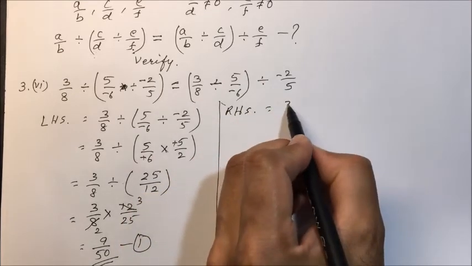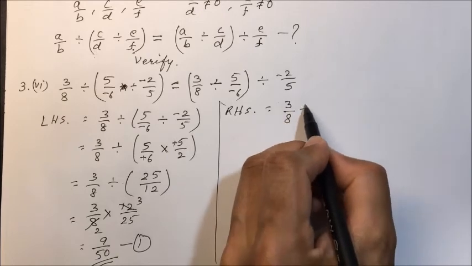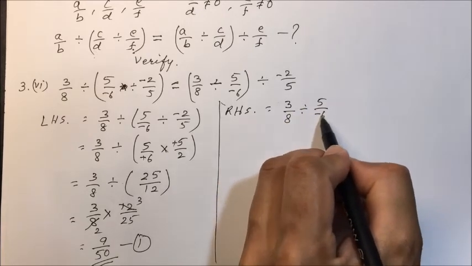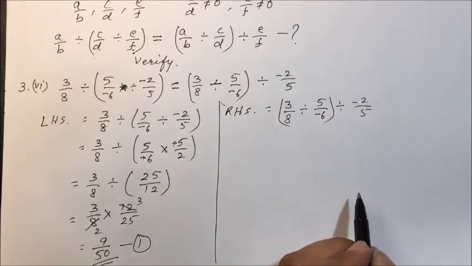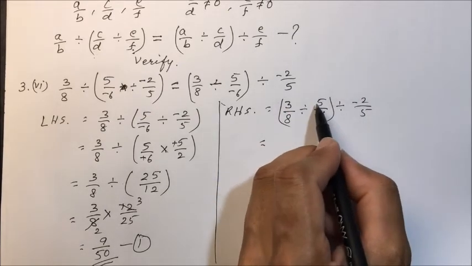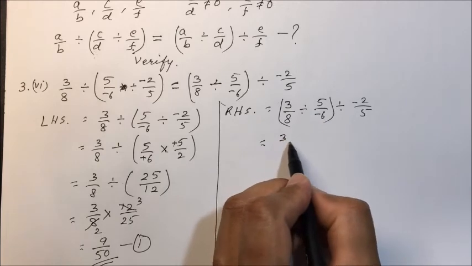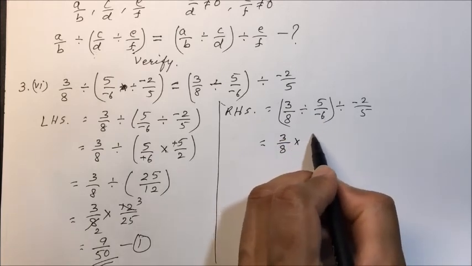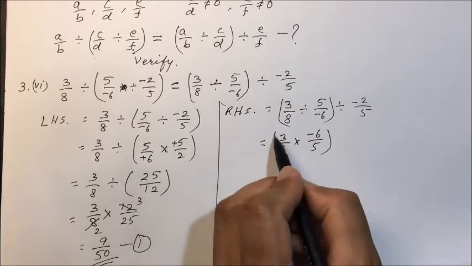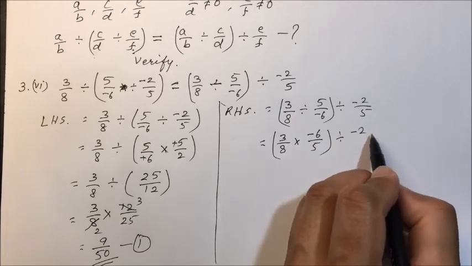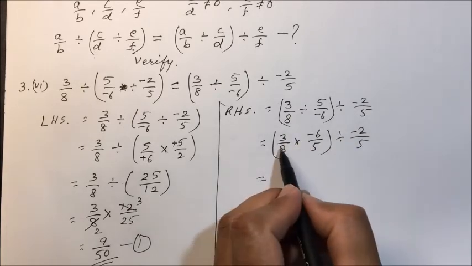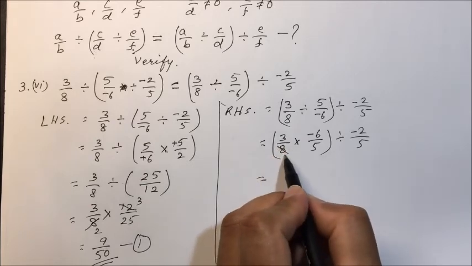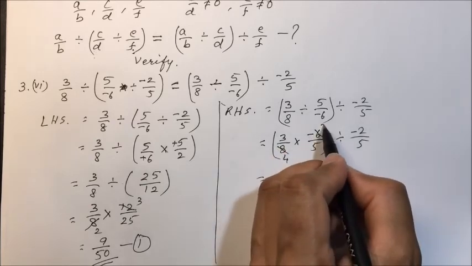RHS equal to 3 upon 8 divided by 5 upon minus 6 divided by minus 2 upon 5, and this is in bracket. So first we'll be solving the bracket. 3 upon 8 into minus 6 upon 5 divided by minus 2 upon 5. Now we can cancel them. 2 4s are 8, 2 3s are 6.